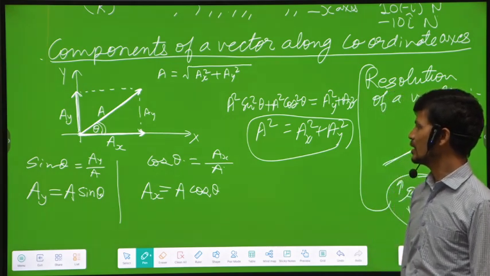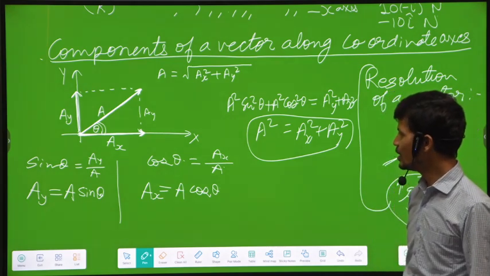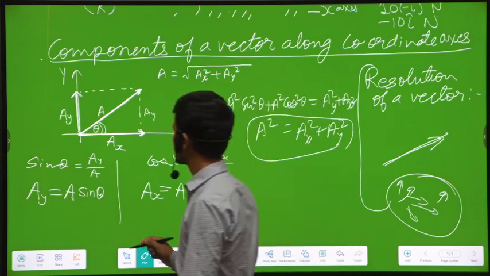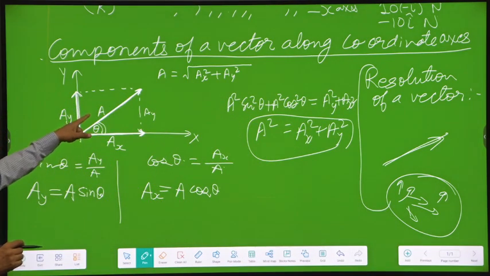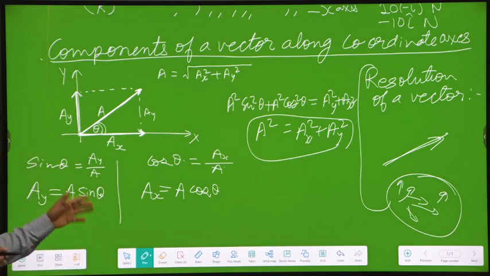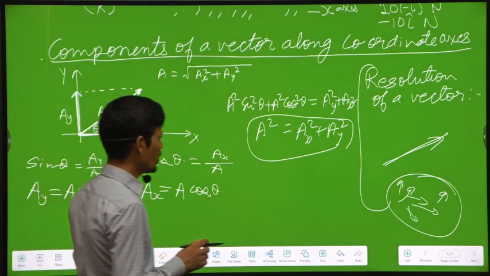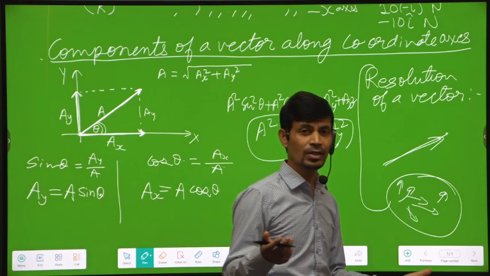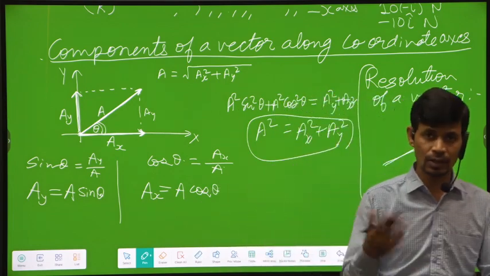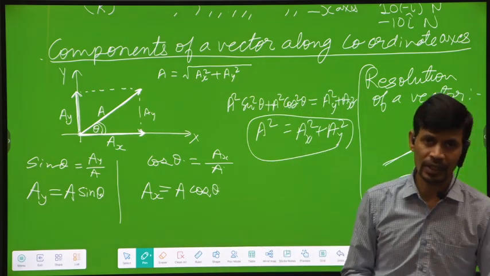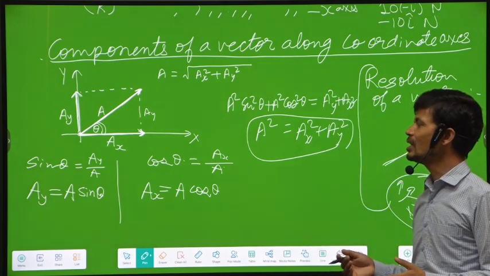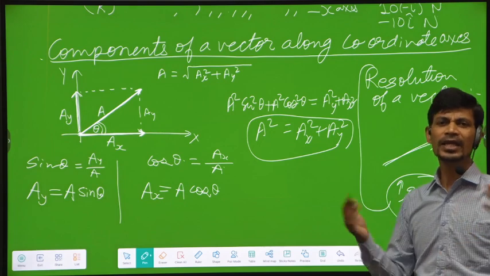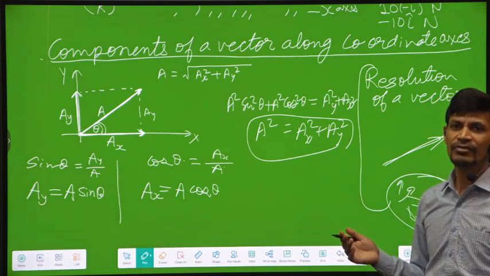What does it mean? It means that this vector A has two components along the x-axis and y-axis. It can be resolved into a third coordinate also, the z coordinate, and it can be resolved in any direction, in any form.